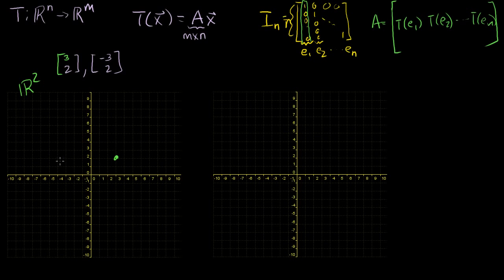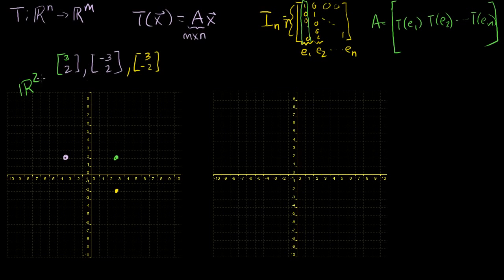And that's this point right here, minus 3, 2. And then let's say, just for fun, we have the point, or the vector, the position vector, right? 3, minus 2, which is right here.